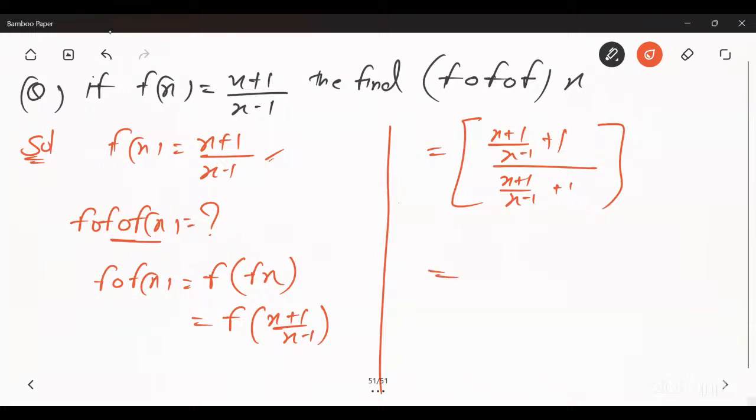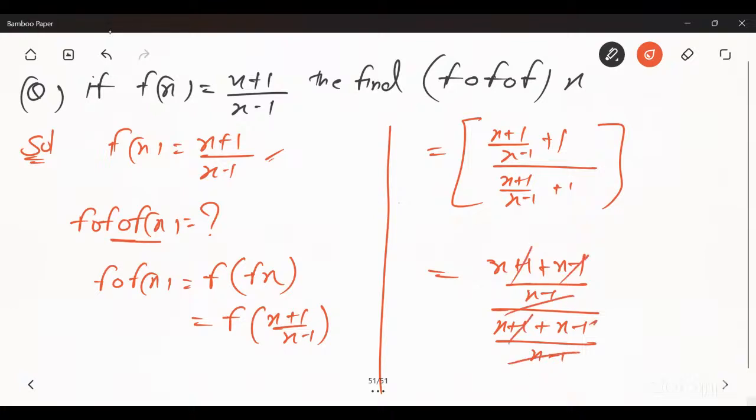Now take the LCM. So you will get (x plus 1 plus x minus 1) upon (x minus 1) upon (x plus 1 minus x plus 1) upon (x minus 1). Now this term will be cancelled. So you will get 2x upon 2, that is x.